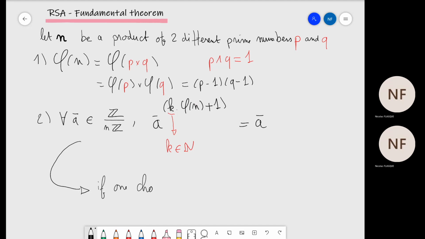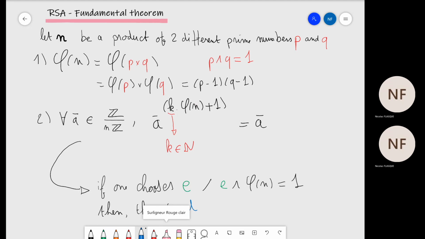If one chooses some integer e such that e is coprime with phi of n, that is, their GCD is equal to 1, then there exists d, which is also an integer, such that a bar to the power of e times d is also equal to a bar.